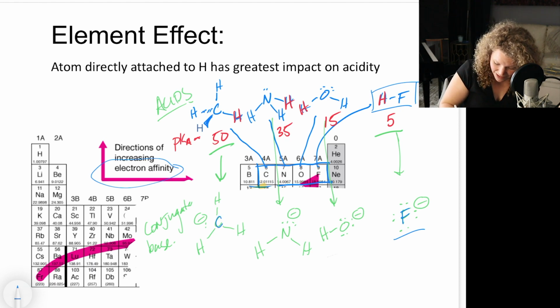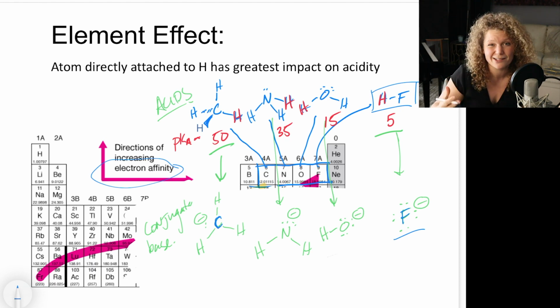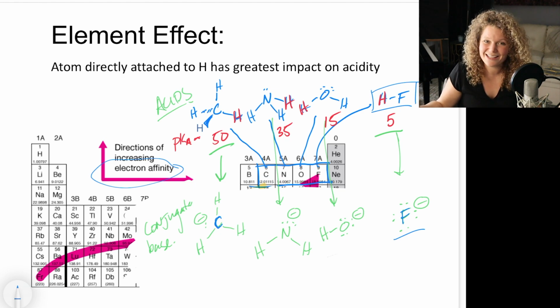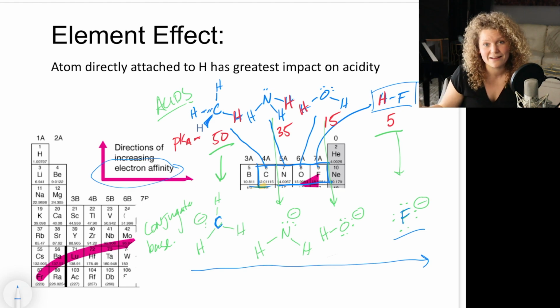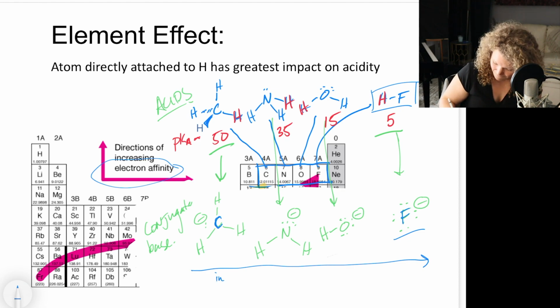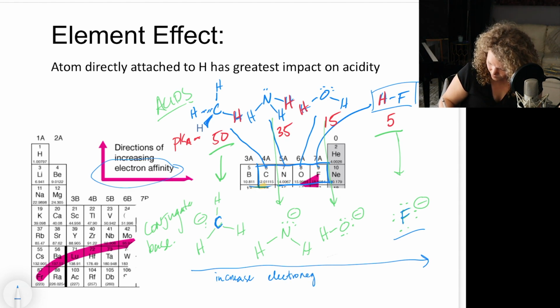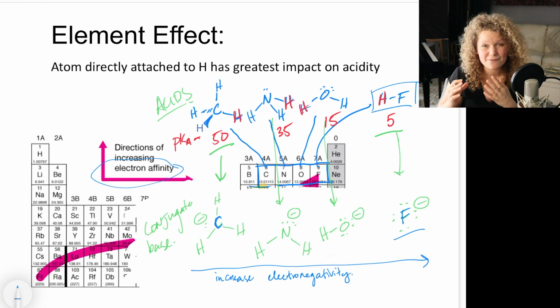However, if we move to something that's much less electronegative, like carbon, it's like, this negative charge is really heavy for me. I don't really want to carry it myself. As you move to the right in the periodic table, you're going to increase electronegativity, and the stability of this anion, the conjugate base, increases.